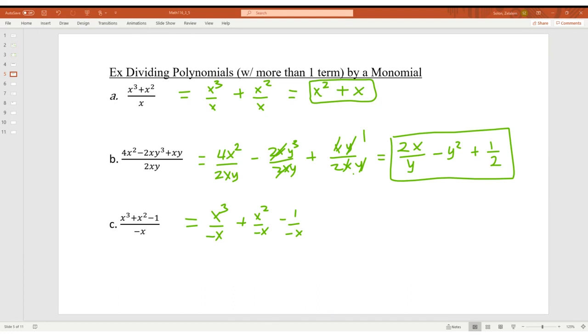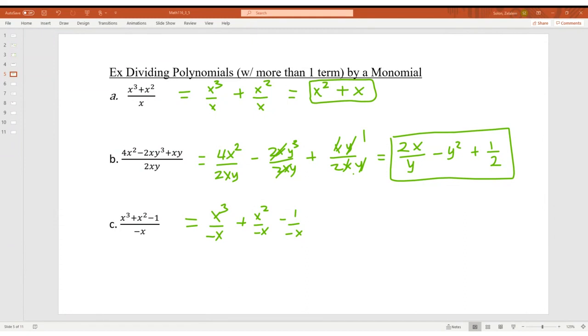So the negative is not an exponent, it's just a coefficient. That's the difference. If it were an exponent, it would be different. But this negative is technically -1, the coefficient in front of x.